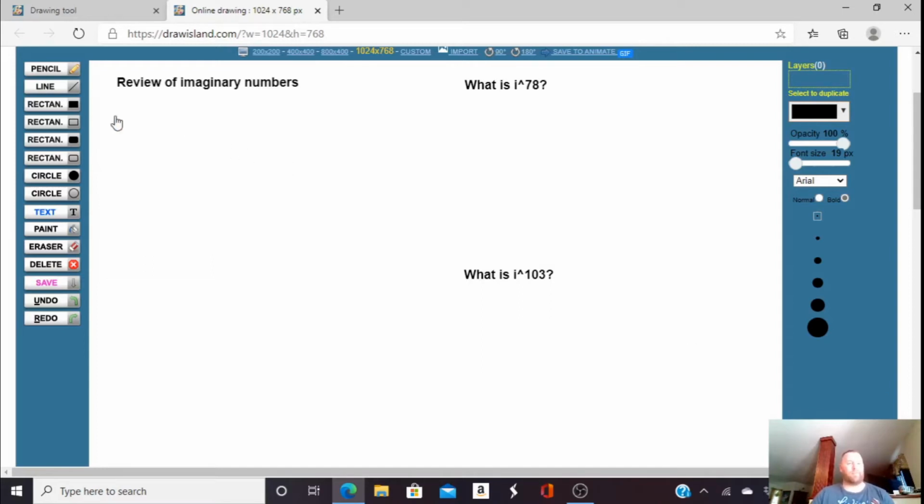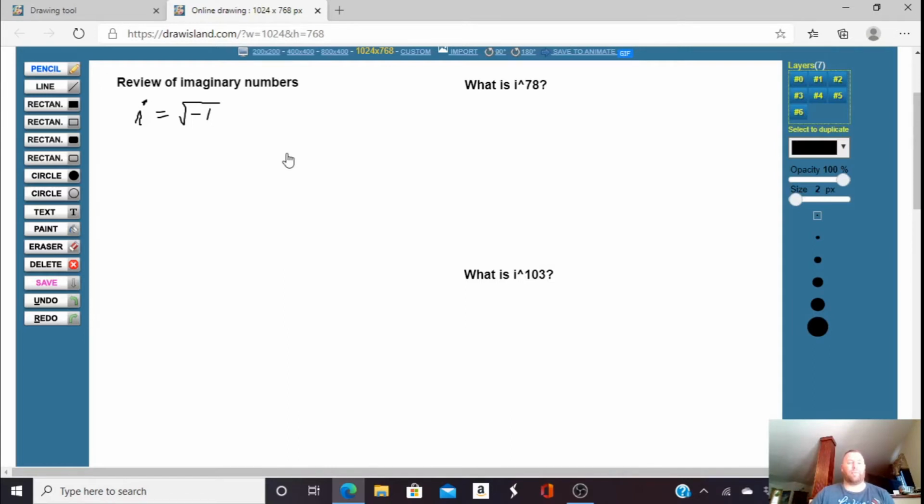You may remember from Algebra 2 that the imaginary number i is equal to the principal square root of -1. The reason being, a square root tells you what number times itself will equal the number under the square root sign.